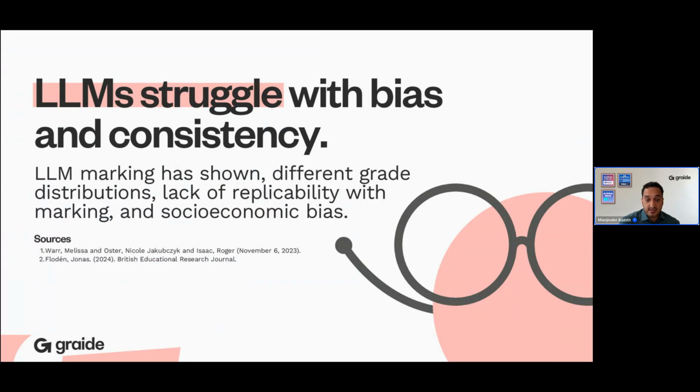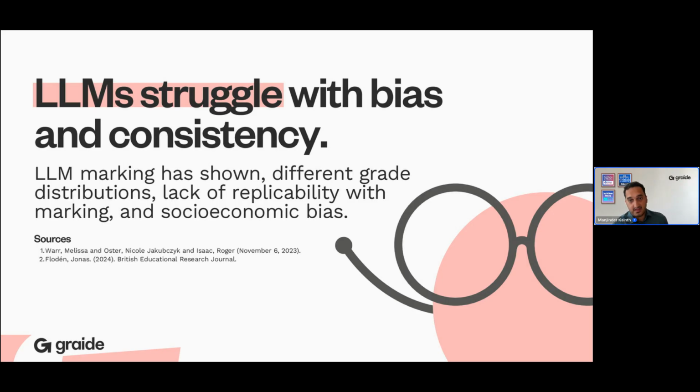What they've done is they took a set of pre-graded exams and they ran them through the system to be able to predict what the grade should be based on the content, the question, and a grading rubric. Now, what was quite interesting about that is that in one of these results, they found very low replicability with the marking, specifically the distribution.